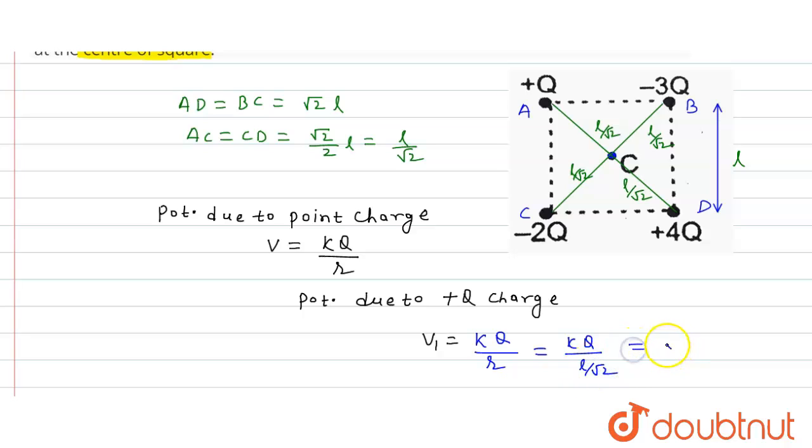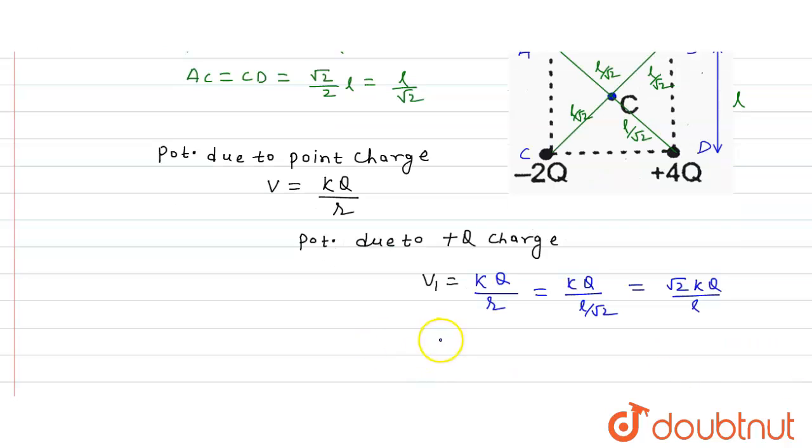That is equal to root 2 KQ upon L. Now similarly we will calculate V2. This will be KQ upon R, that is K, and here the charge is minus 2Q, so minus K into 2Q upon L by root 2, that is equal to minus 2 root 2 KQ upon L.